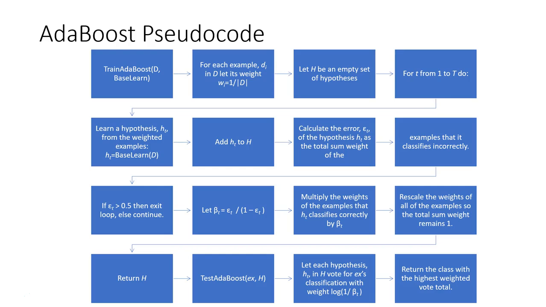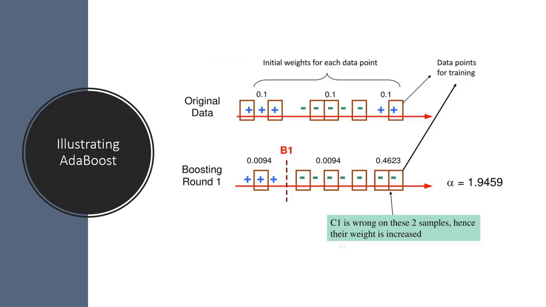There's an AdaBoost pseudocode that you can work through to think about how it works. I thought this process was interesting to look at. We have an illustration where we have our original data and we put some initial weights on each data point, and we take the points out for training, and then we do boosting.